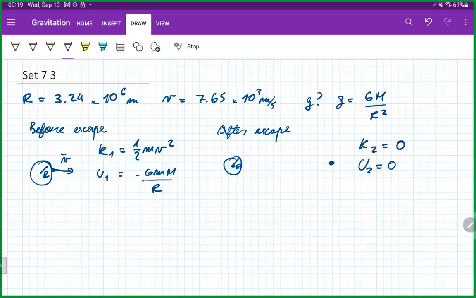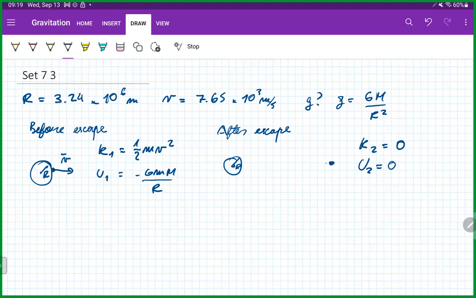That's zero, because the problem is talking about the escape speed. That means the minimum speed that you need to escape the gravitational interaction that the planet is applying on the rocket.